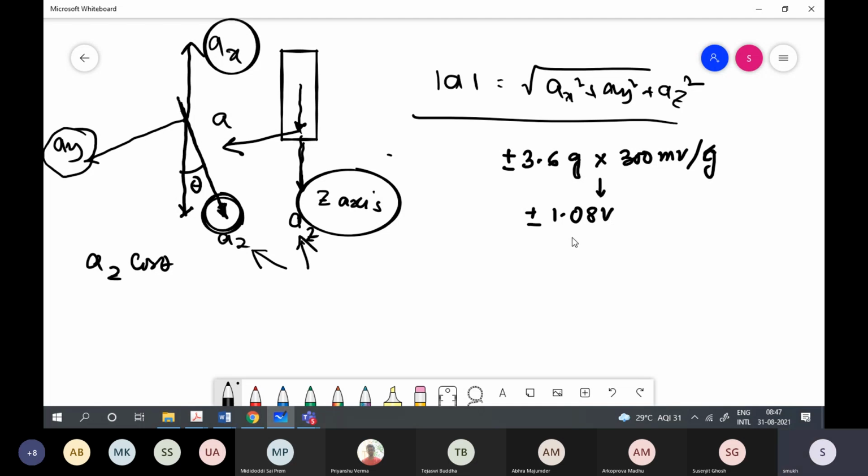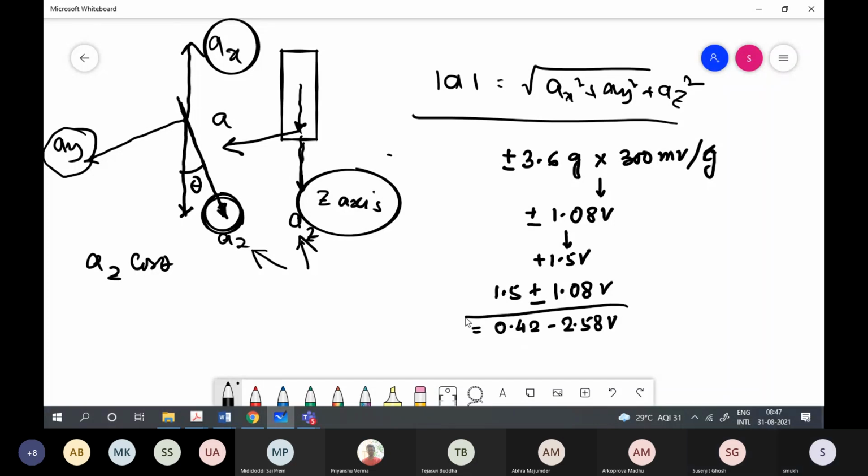This is offset by plus 1.5 volt. So the output is 1.5 plus minus 1.08 volt, equal to 0.42 to 2.58 volts. This is the output range, right? Yes, sir.